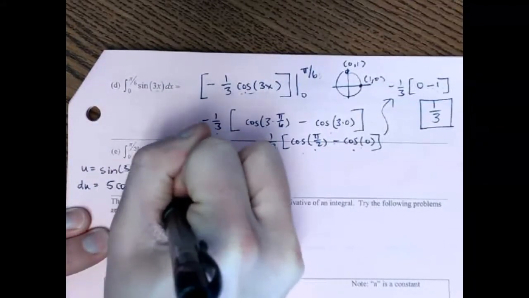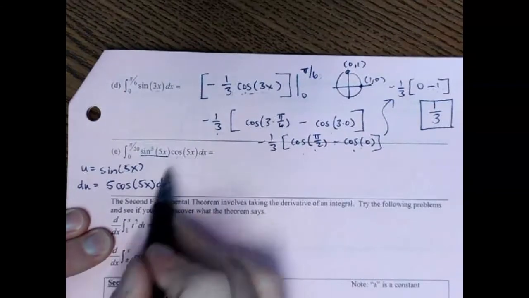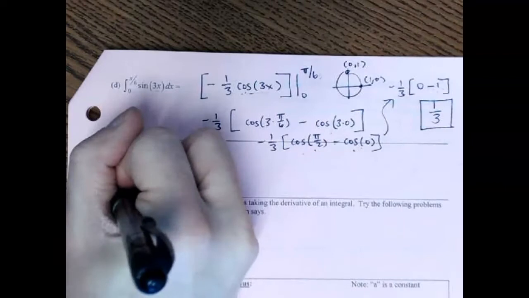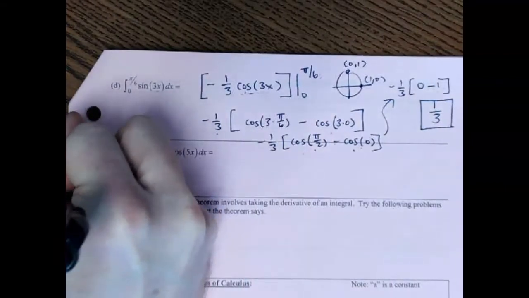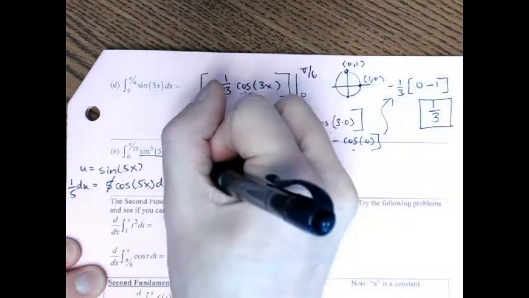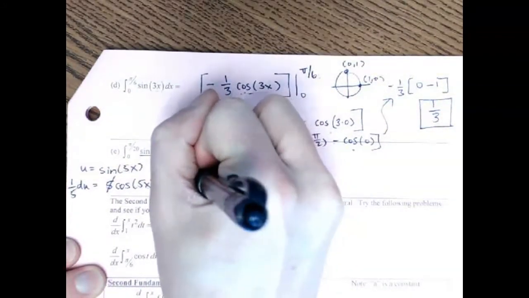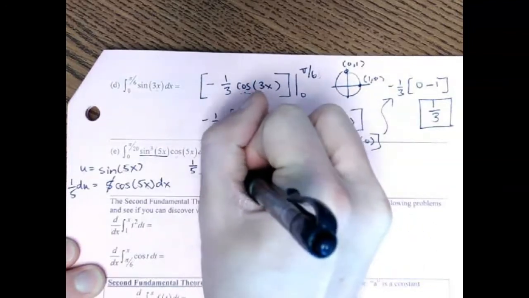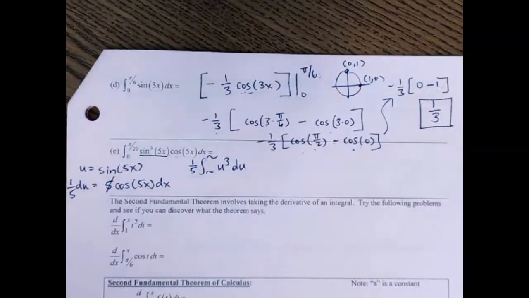You have the cosine piece. Very good. You have the dx piece, very good. You're missing the 5, that's okay. We can always live being off by a constant. That just means a 1/5 is going to kick out to the front. So here I would have a 1/5, squiggle to squiggle, and then u to the 3rd power du. That's what the integral translates over.